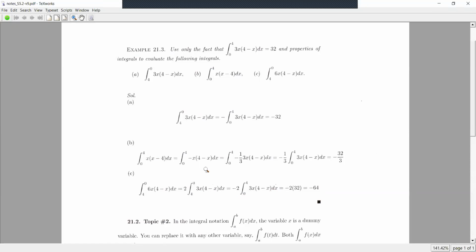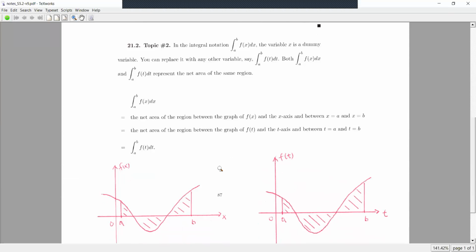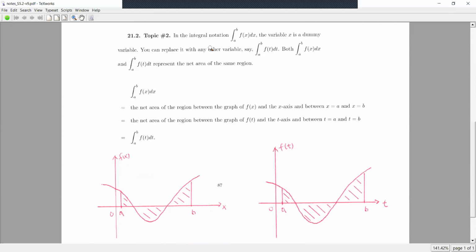This is example 3. Okay, now we turn to the second topic today. Second topic is a dummy variable in the integral notation. In this notation, the variable x actually is a dummy variable.